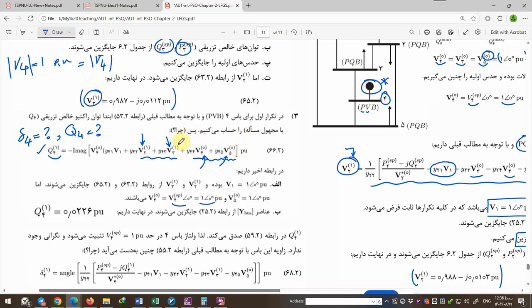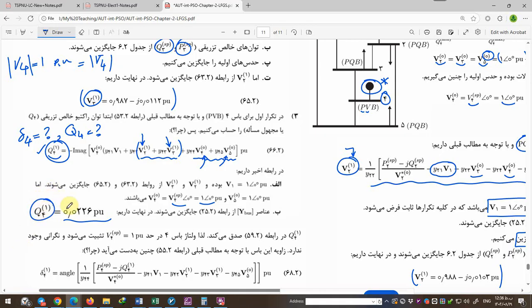But the new version of V3 and V2 is calculated and is in your hand. And after substitution of these parameters, you can find Q4. The Q4 in first iteration is like this.